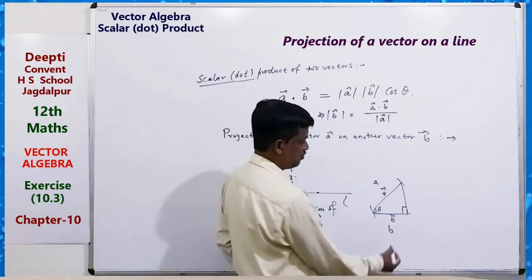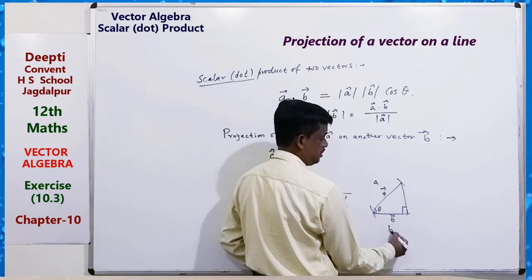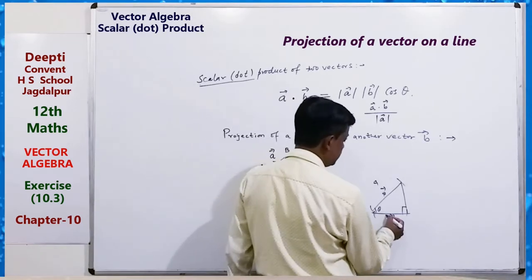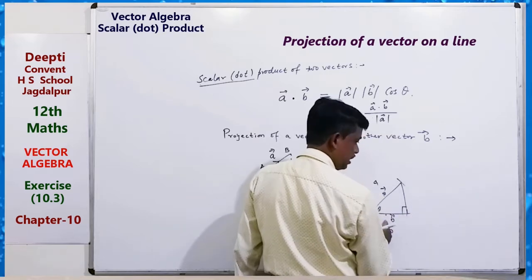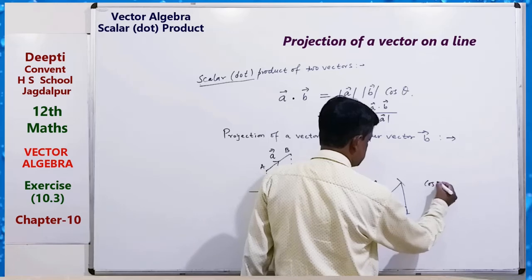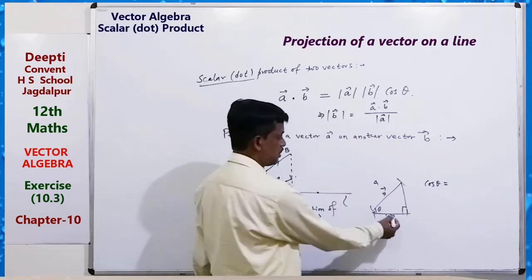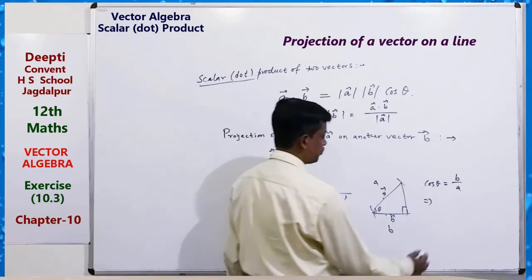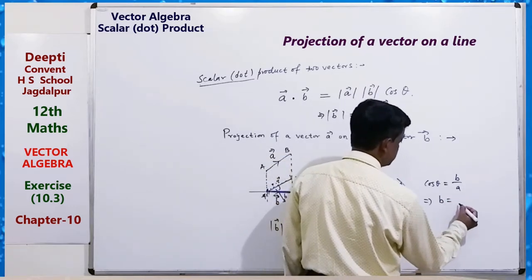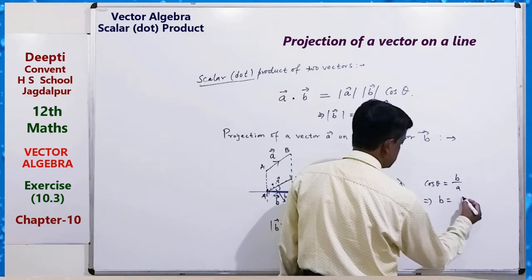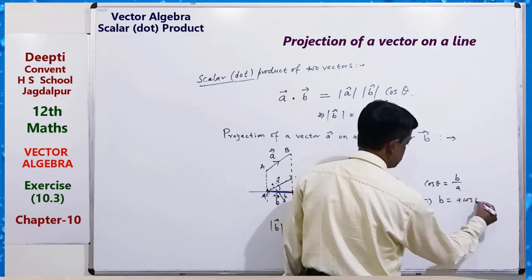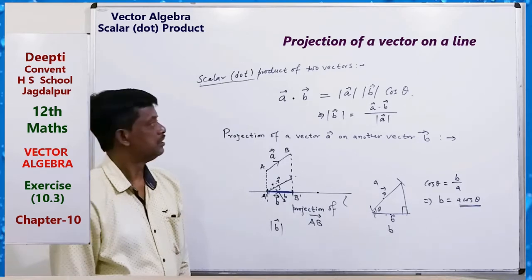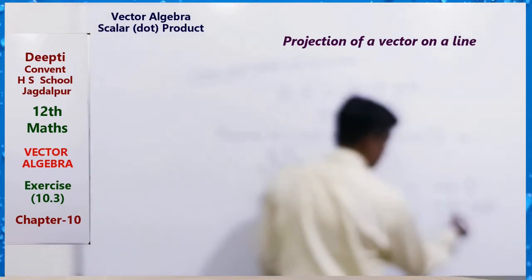Now, for getting B, we can write cos theta equals base by hypotenuse, which implies B equals A cos theta. B equals A cos theta.